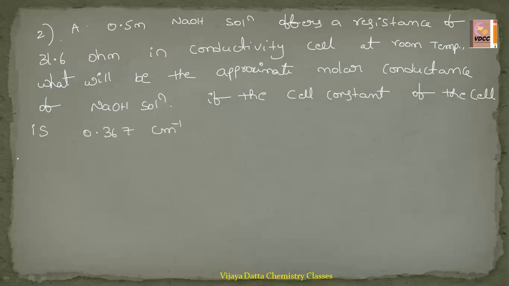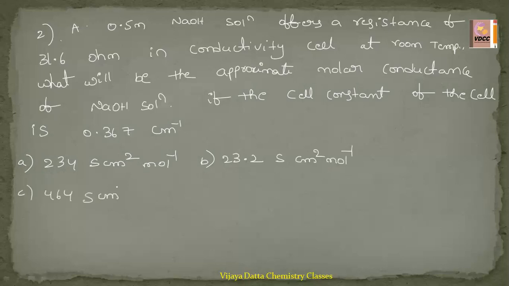See here, the options are given: 234 Siemens centimeter square mole inverse, 23.2 Siemens centimeter square mole inverse, 464 Siemens centimeter square mole inverse, 5464 Siemens centimeter square mole inverse. So this is the question given.